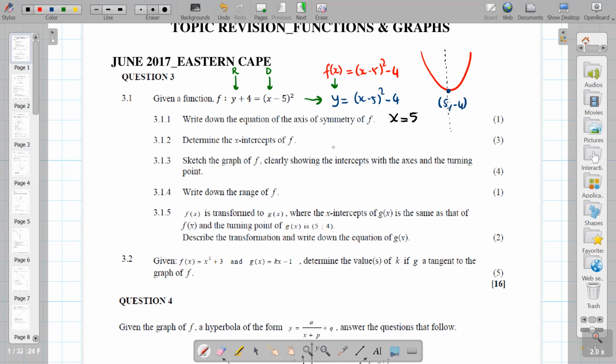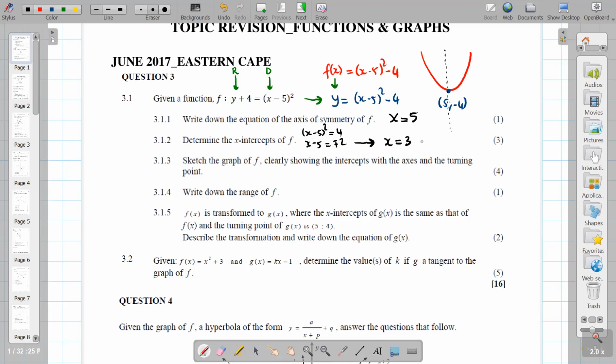Now, the x-intercept, you equate it to 0. So when you equate it to 0, in this case, we don't really need to open the brackets. If you leave it alone, you get 4. So when we square root, you get x minus 5 is equal to plus minus 2. So we got two answers. So x is equal to 7 or 3.